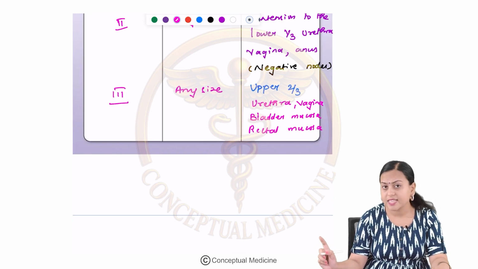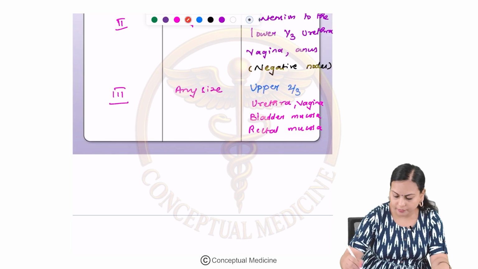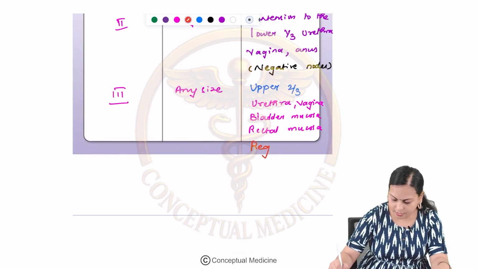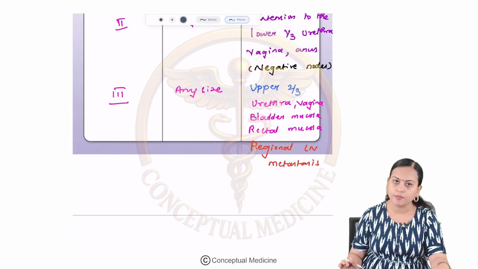Regional lymph node metastasis will also be here. That is the very important point. There will be regional lymph node metastasis.